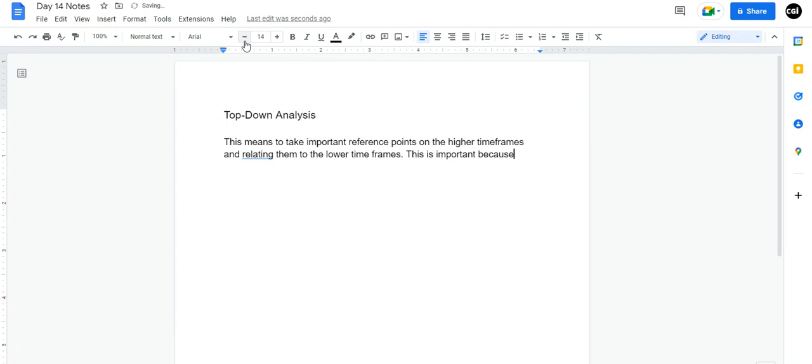because higher time frame reference points have a greater influence on price action than reference points on lower time frames.